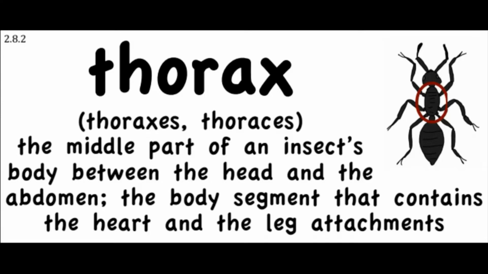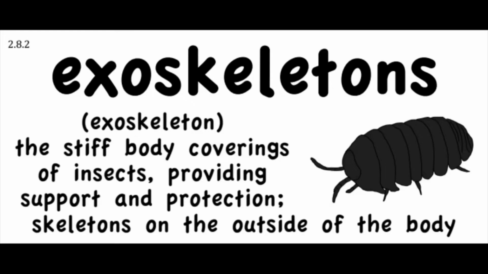Thorax. The thorax is the middle part of an insect's body, between the head and the abdomen. The thorax contains the heart and the leg attachments. Exoskeleton. The exoskeleton is the hard body covering on some insects that protect them from being squished.